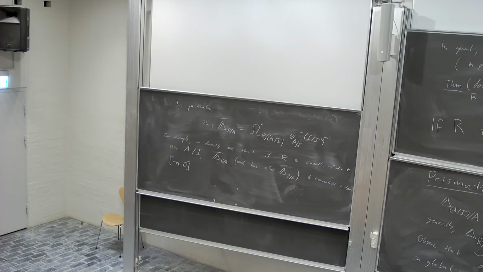But yes, it just has pi 0. In that case, we define a filtration on the Frobenius twist by pulling back the Hodge-Tate filtration, meaning the I-adic filtration on the target, along this relative Frobenius.